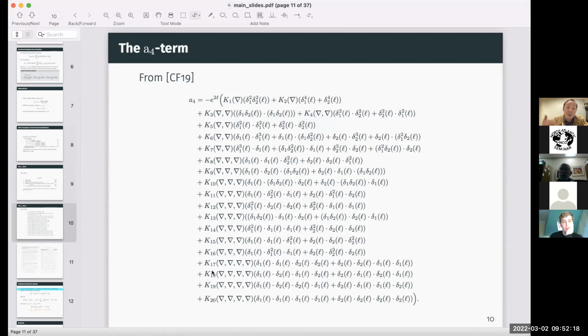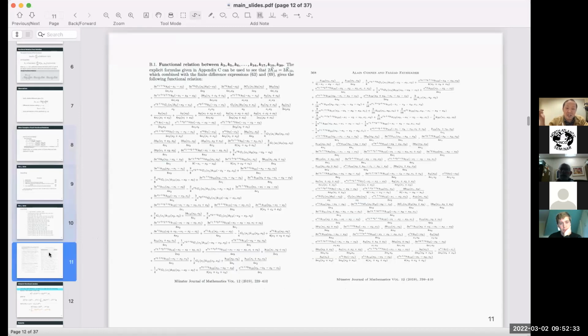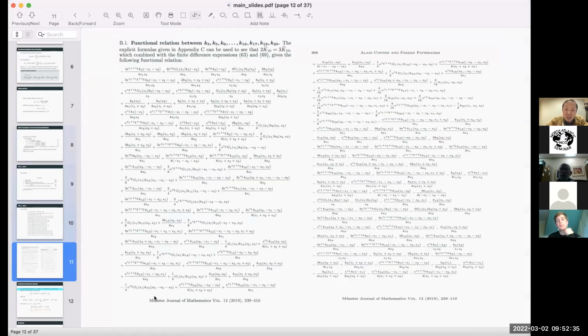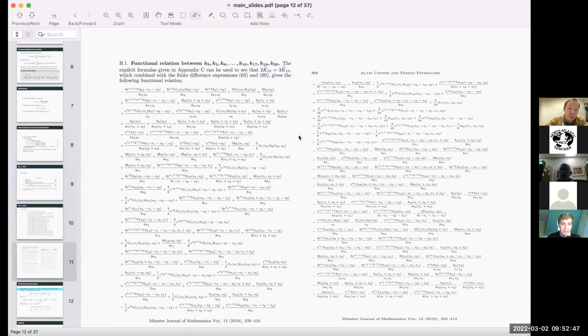They can be explicitly computed, but it turned out to be quite lengthy. So this is the explicit formula for the A4 term, but here, let me enlarge, is a part of the functional relations behind this variational computation.